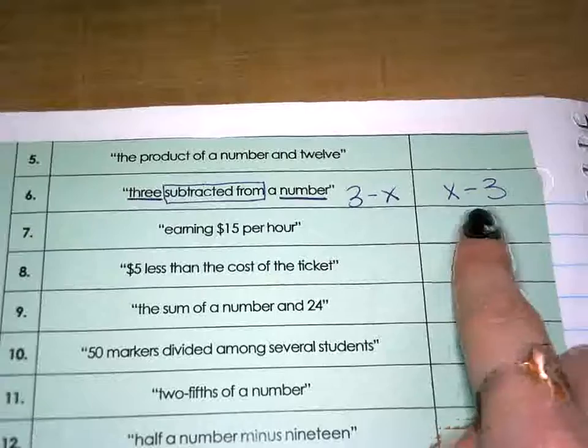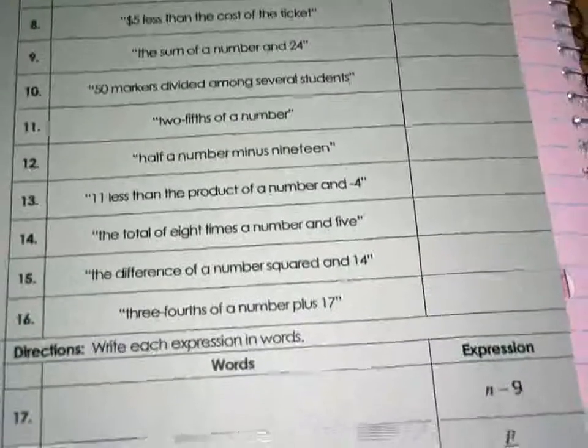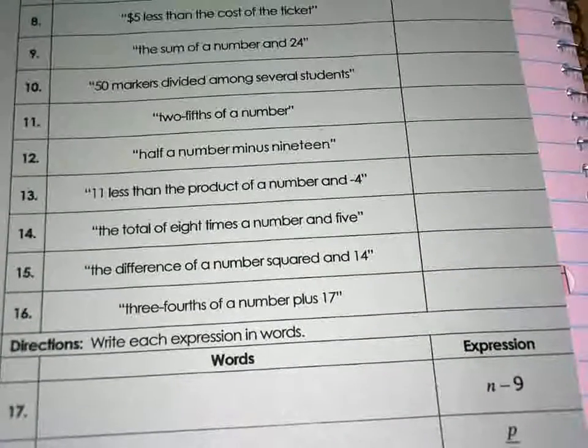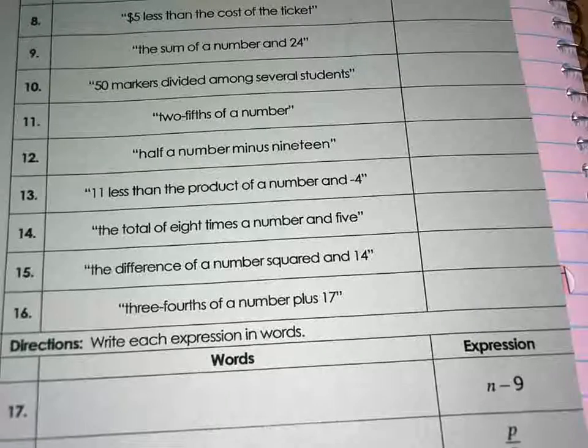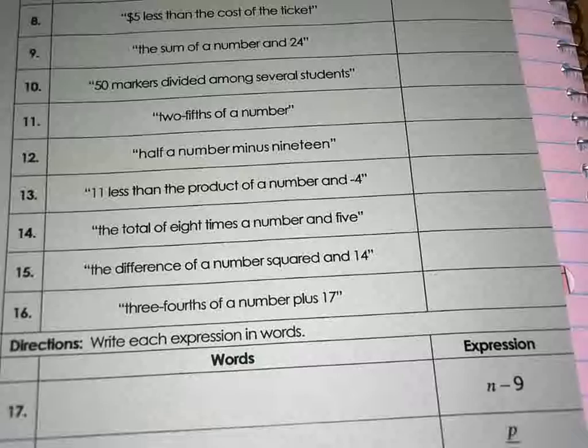So we are going to skip down. Let's go down to number 13. Get a little bit trickier problems. Underline your numbers, underline the word number, because that's your variable, and circle the key words. What am I underlining, everyone? 11.